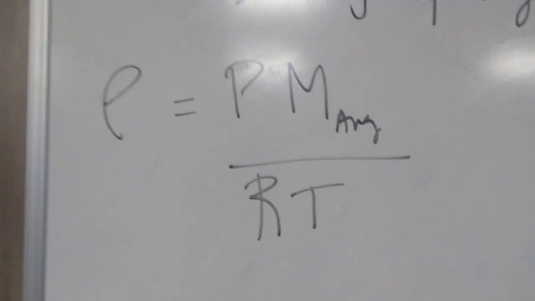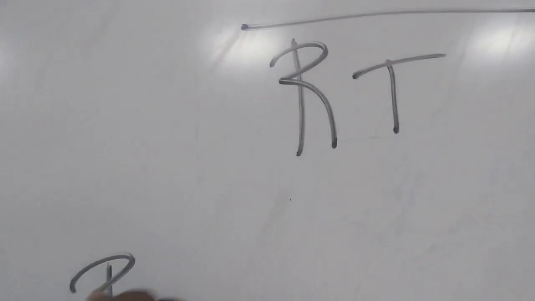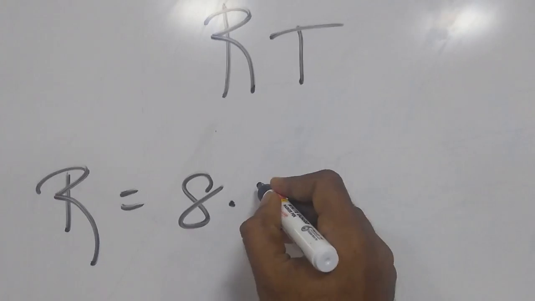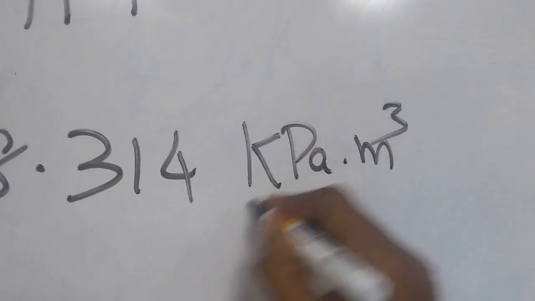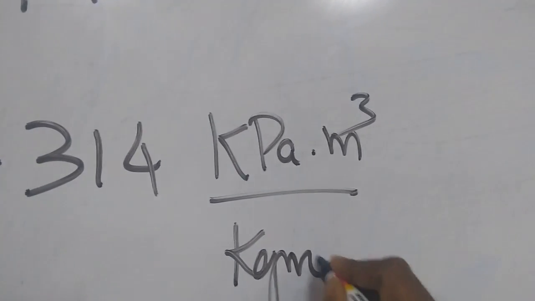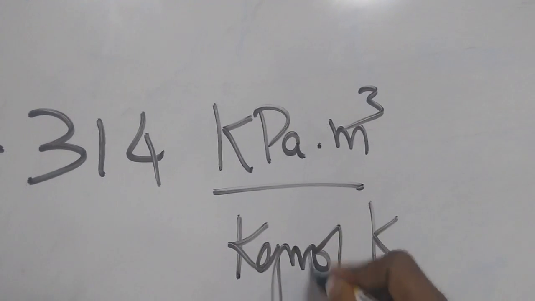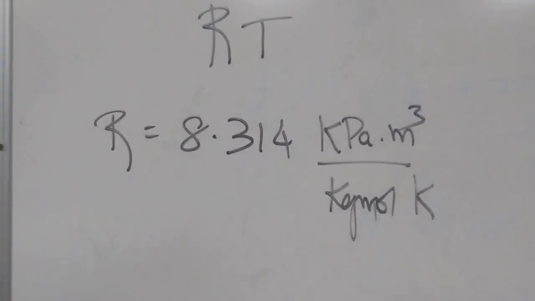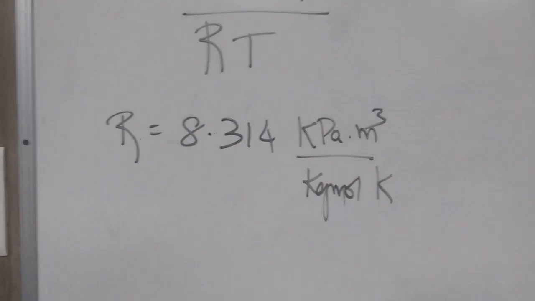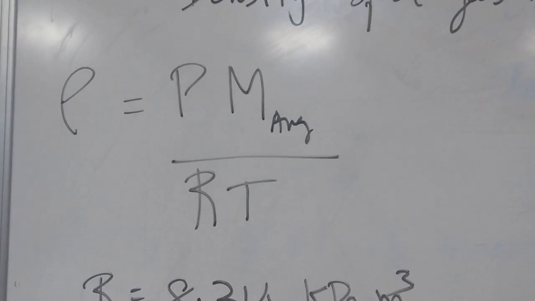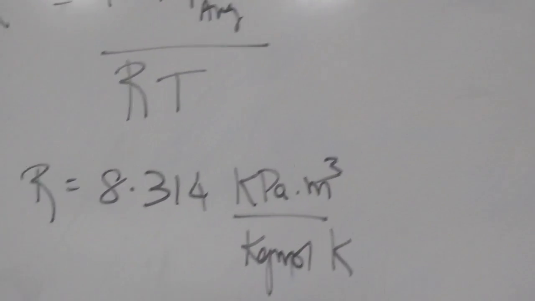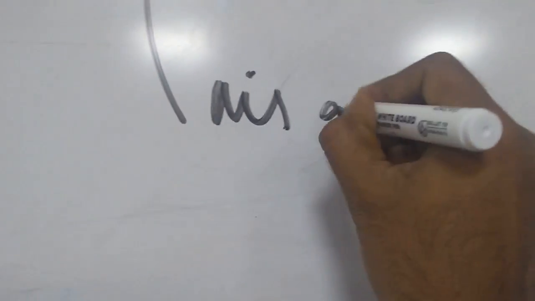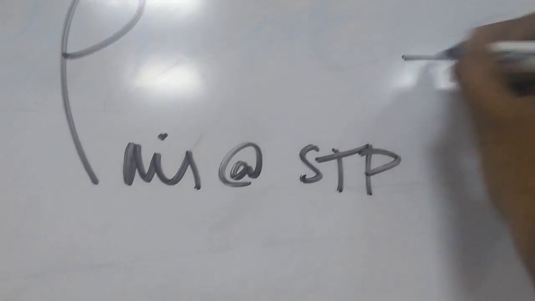So R is 8.314 kilopascal meter cube per kg mole Kelvin, right? So R value is 8.314 kilopascal meter cube per kg mole Kelvin. So we know pressure and temperature, average molecular weight, everything. So we can find out density of air at STP.